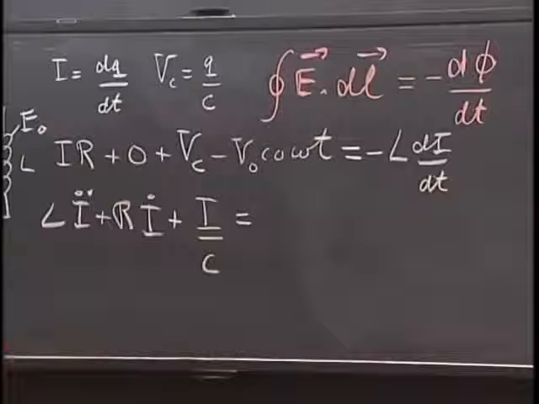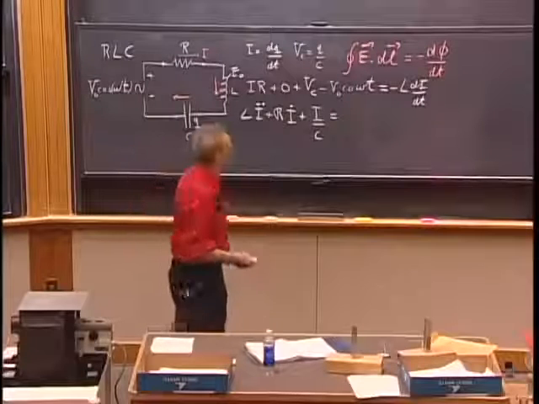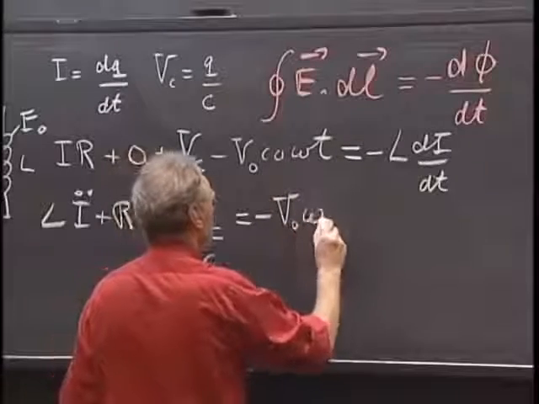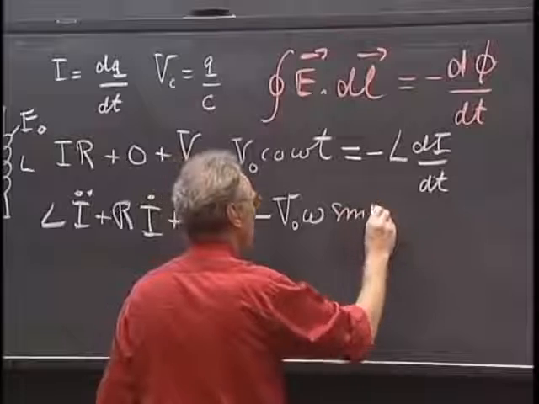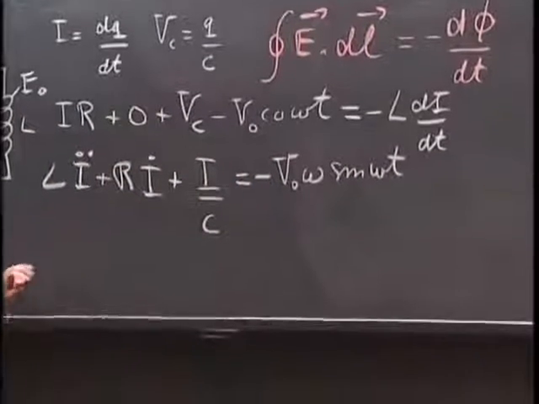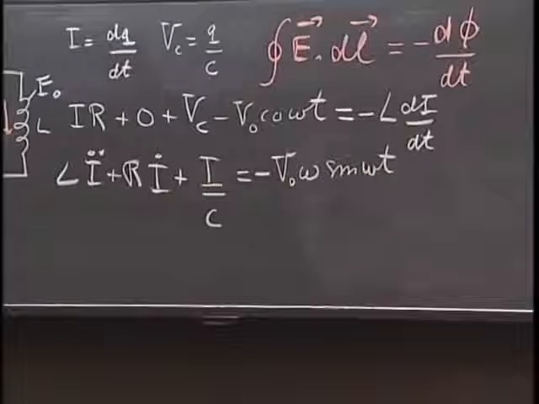But when I take the derivative of the cosine omega t, I get a minus omega out. So I get here minus V0 times omega times the sine of omega t. This is the differential equation that has to be solved.